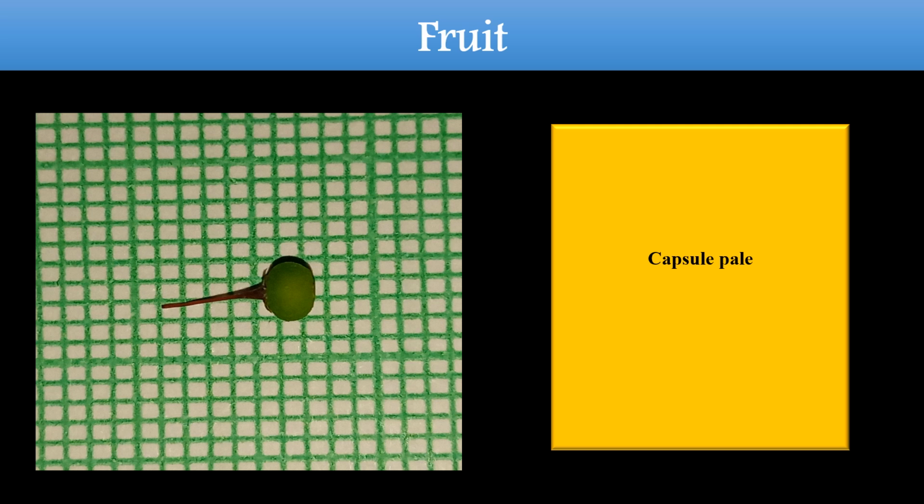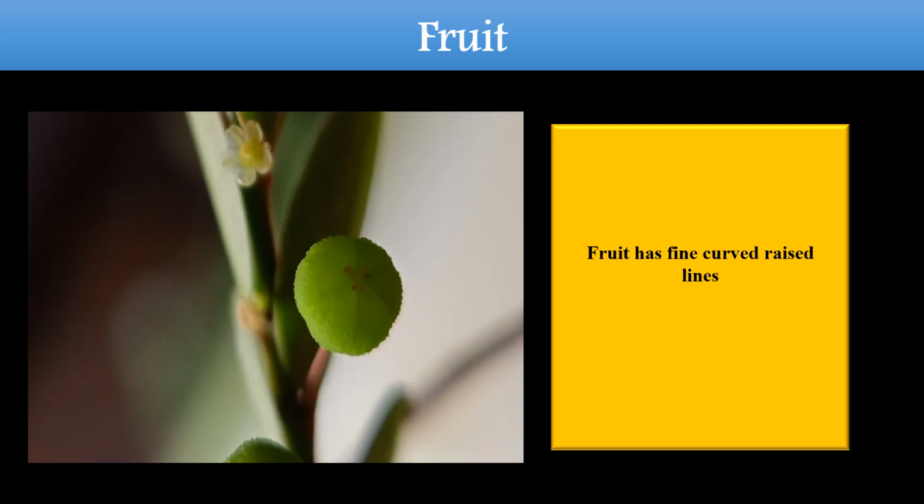This is the one thing that differentiates it from other Phyllanthus species. Clearly you can see in this picture the fruit has fine curved raised lines, and the flowering and fruiting period is mainly from July to February. So here you can see the fruit.